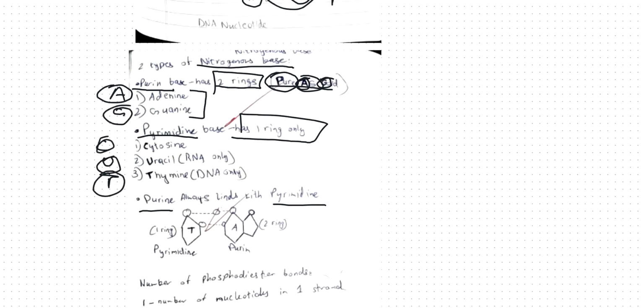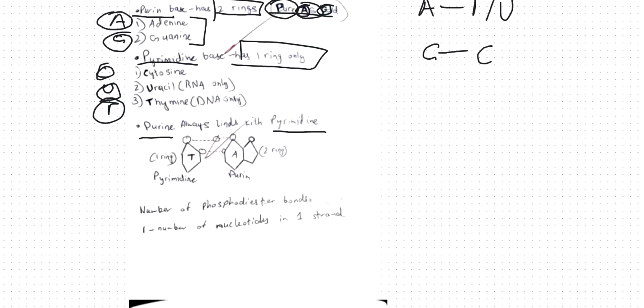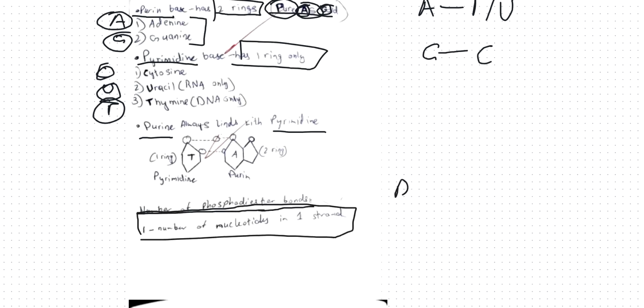So A will bind with either T or U, and G, or guanine, will always bind with the cytosine. And the number of phosphodiester bonds, this I'll explain later, but the number of phosphodiester bonds in DNA or RNA is equal to the number of nucleotides in one strand.